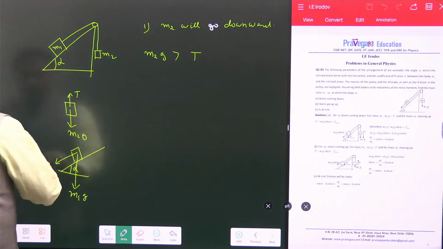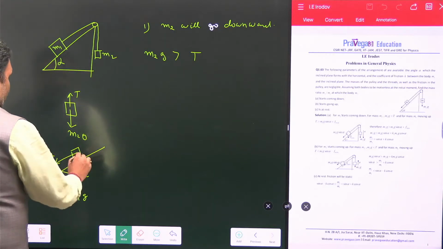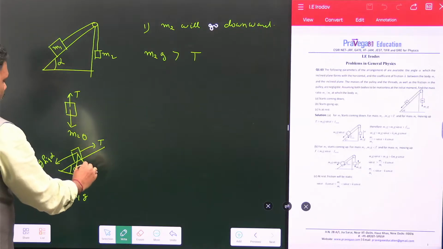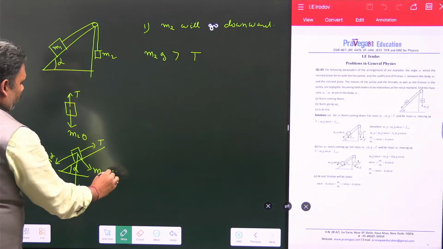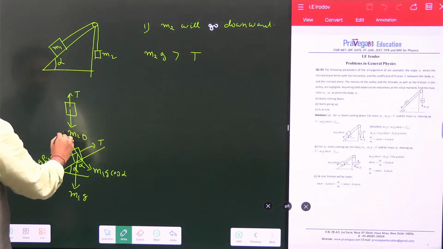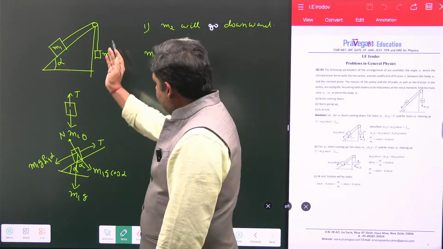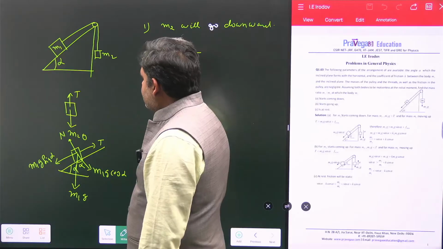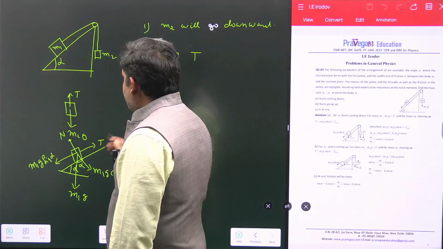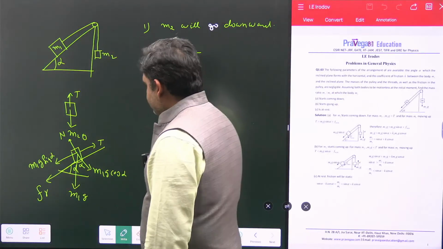One component of the weight is m1g sin alpha, and the other component is m1g cos alpha, perpendicular to the incline, and there is a normal force. Along the incline there is the tension. Now, what is the direction of the frictional force? If m2 goes downward, then m1 must go upward, which means the frictional force will be in the downward direction.